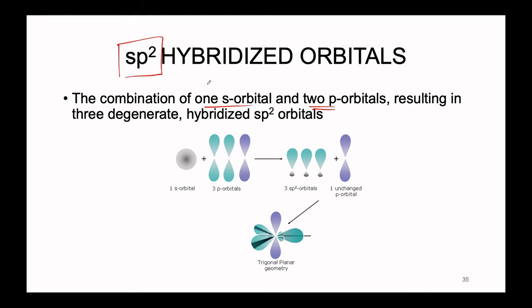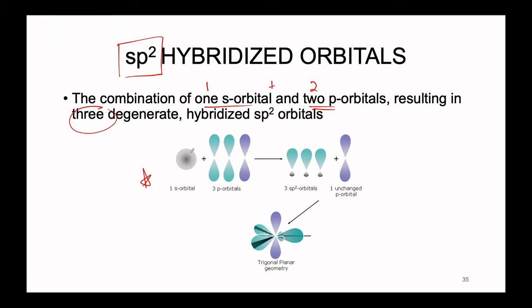So we're taking 1 orbital plus 2 orbitals gives 3 new degenerate orbitals. This does mean, since a central atom with p orbitals generally has 3 p orbitals, one of those p orbitals is not going to get used, which is what we can see in the illustration down below.